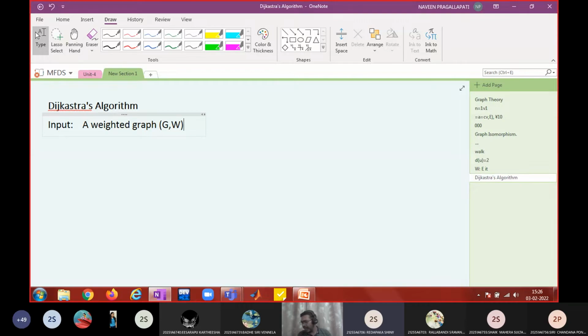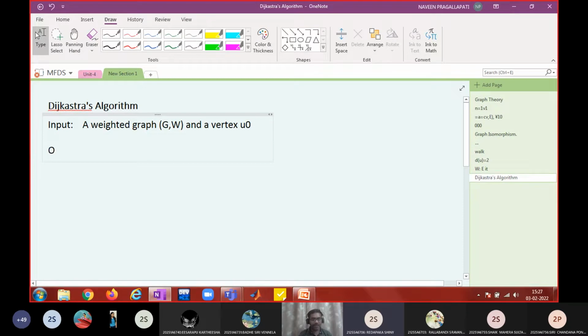And a vertex, you may call it U naught. Every time it may be difficult for me to write a subscript, so I'll just write it as U0, which is U subscript 0, U naught. You write like that. So that is the input.